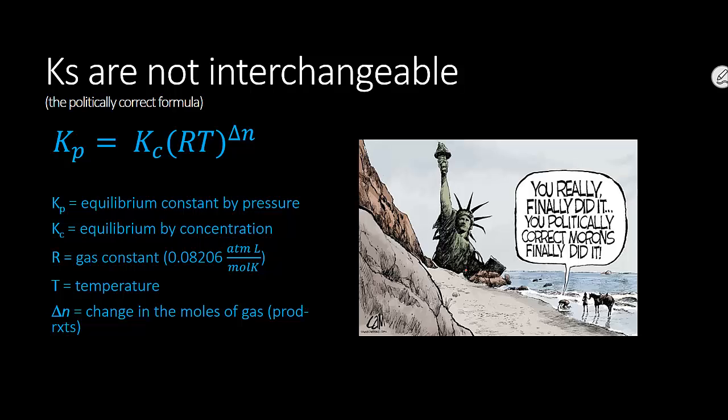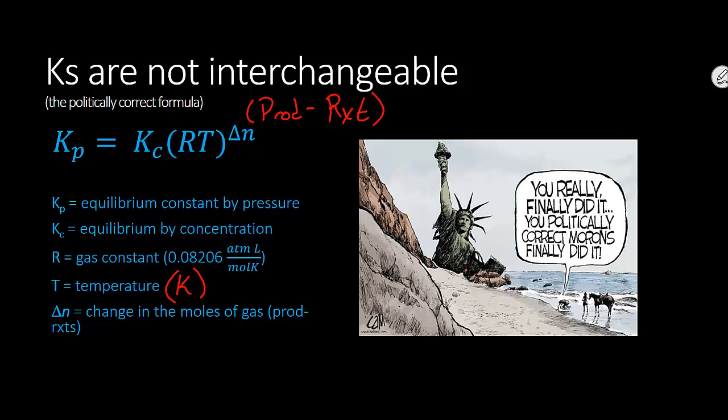So it uses the ideal gas constant, the temperature in Kelvin, and we simply raise that to the change in moles. The change in moles is the number of moles of gas product minus number of moles of reactant gas, simply taken from the stoichiometric coefficients.